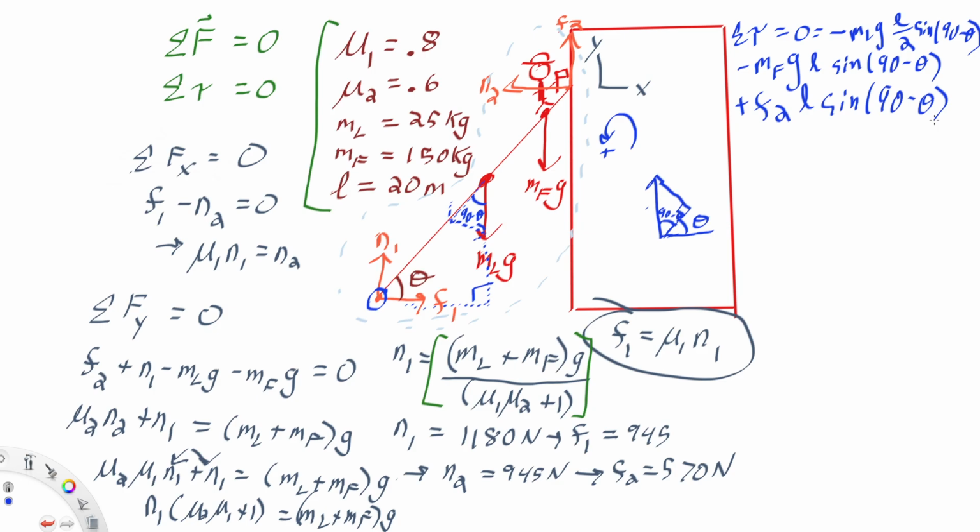Can I interrupt for a second? For sure. I'm trying to understand what we did for the torque. So that is the force times the R, which is the distance. Yes. So how did this sine 90 minus theta come from? Because only the perpendicular part of the force counts.